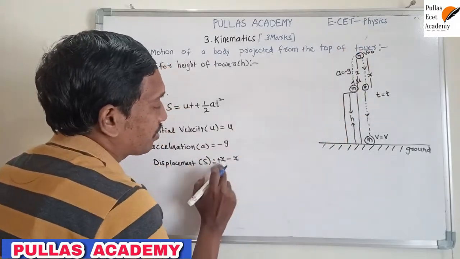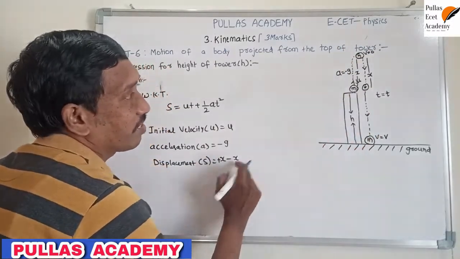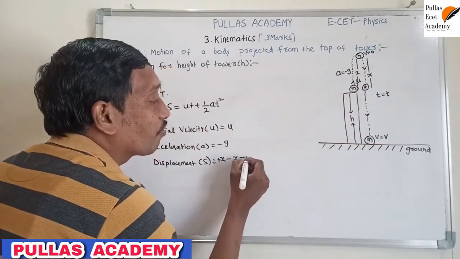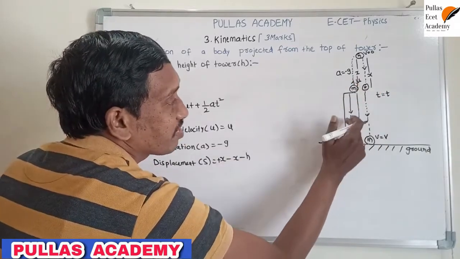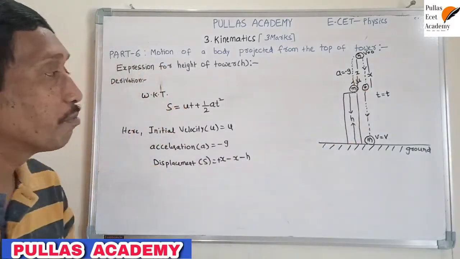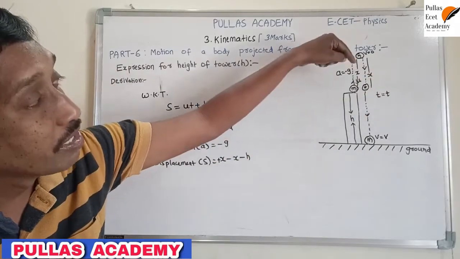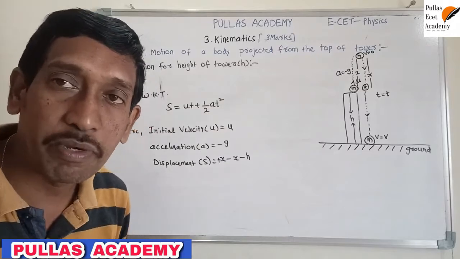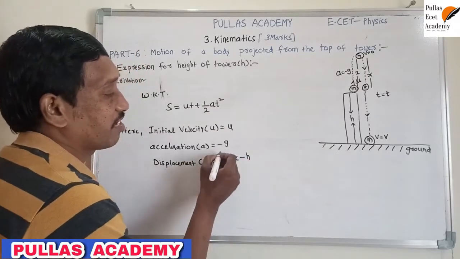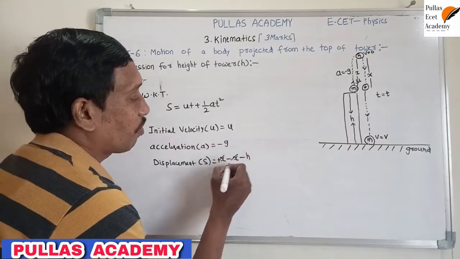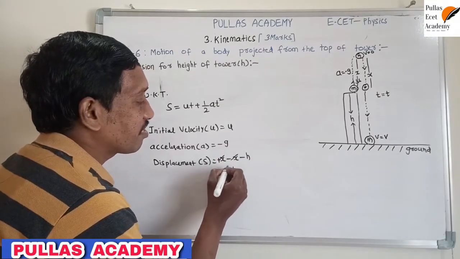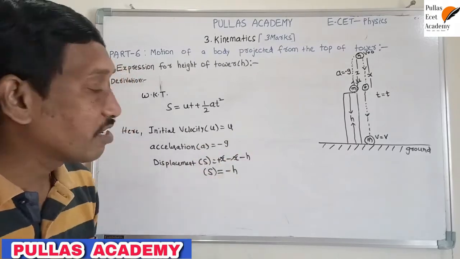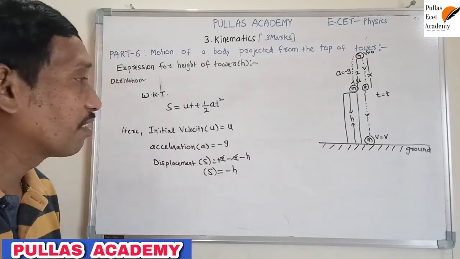Then moving from this top to the ground is also downward motion. That's why this distance is h, but it is moving downwards. Moving downwards I consider a negative sign, moving upwards a positive sign, because in vectors the opposite direction is always denoted by a negative sign. Don't get confused: plus x and minus x cancel. What remains is minus h, the displacement. So for this body, the displacement is minus h.